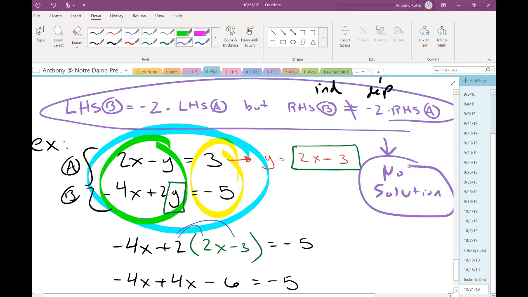So instead of doing the solving process, you could make that observation, say no solution, and be done with it. That's okay. If you are doing your homework or a test or a quiz, you can always make that observation and skip having to do the solving. My suggestion is, before I start the solving process, I check real quick, by just taking a quick look at my equations, if it's going to be a no solution or infinitely many solutions situation.